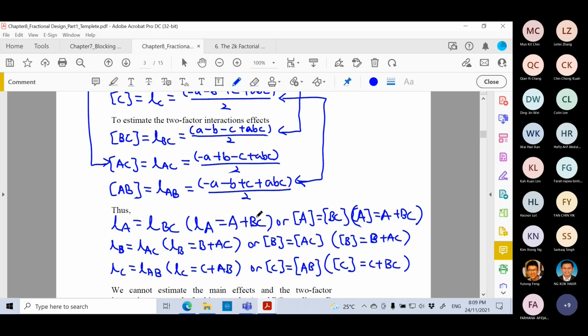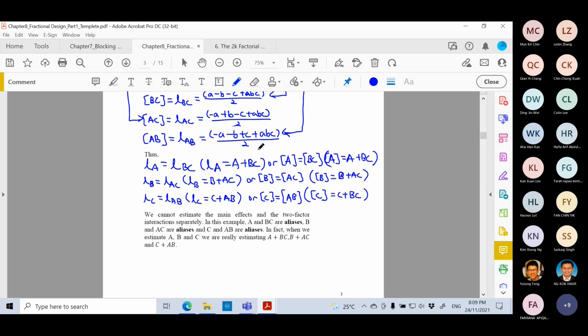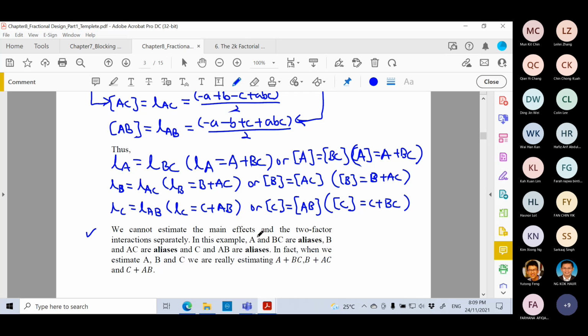Okay, so these are what we can observe just now from here. So therefore, you can see the key point here, what I mentioned. We cannot estimate the main effect and two-factor interaction separately because of the contrast here. So in this example, A and the BC, because we cannot estimate them separately, both of them have the same contrast.